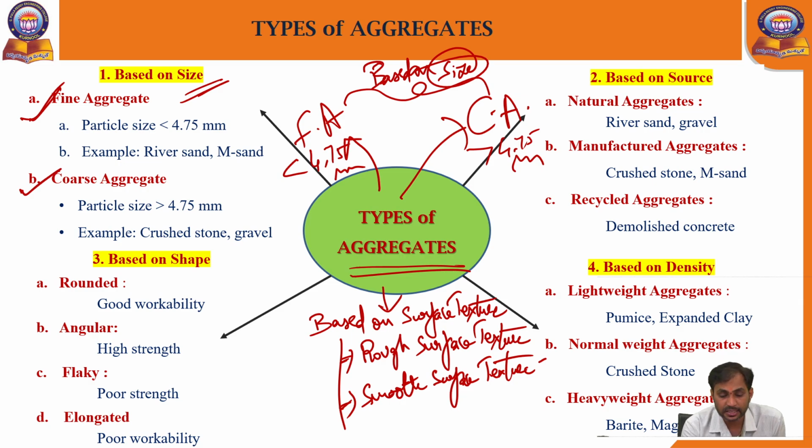Done. What are the examples of fine aggregates? River sand or manufactured sand. The sand is used for plastering, for finishing, and also to reduce the air voids in the concrete member. Next, coming to coarse aggregate, the particle size of a coarse aggregate is more than 4.75 mm.